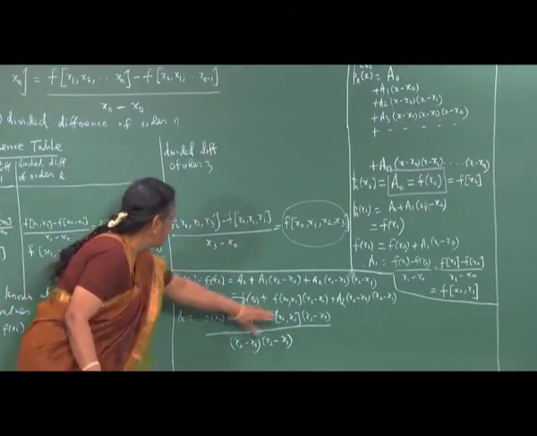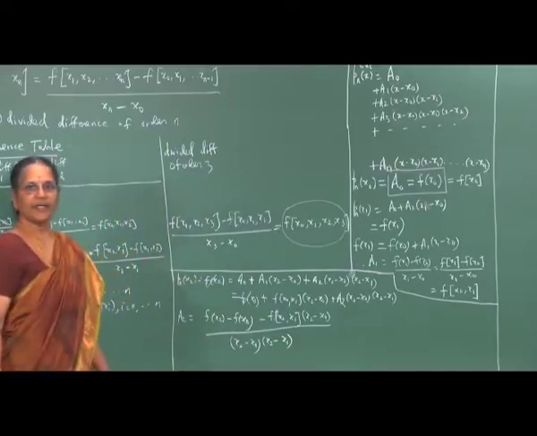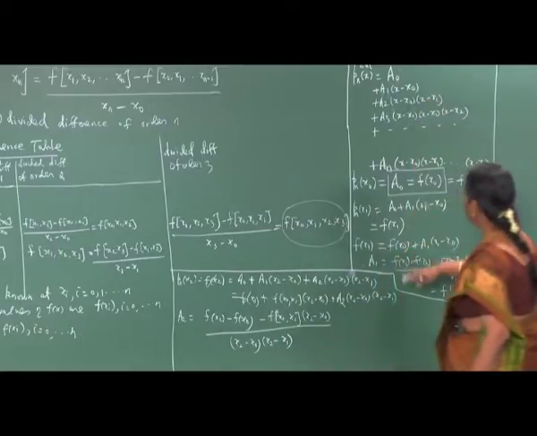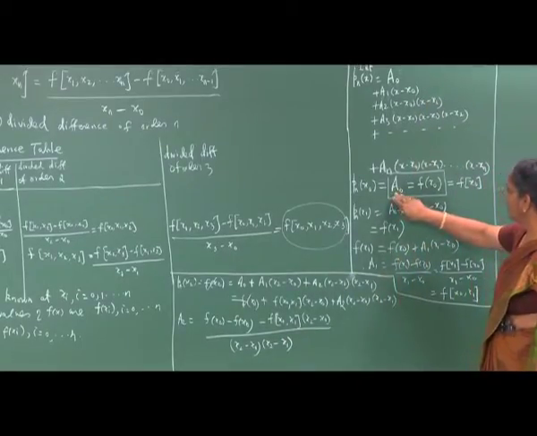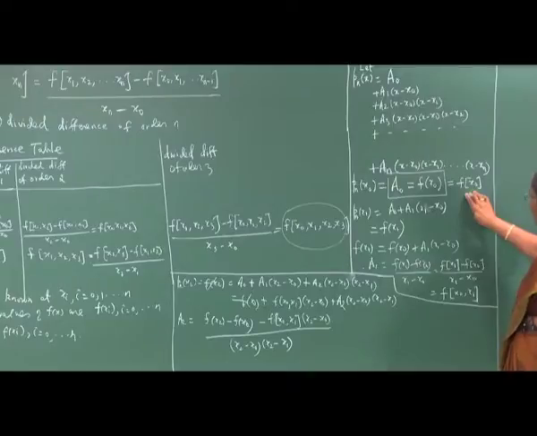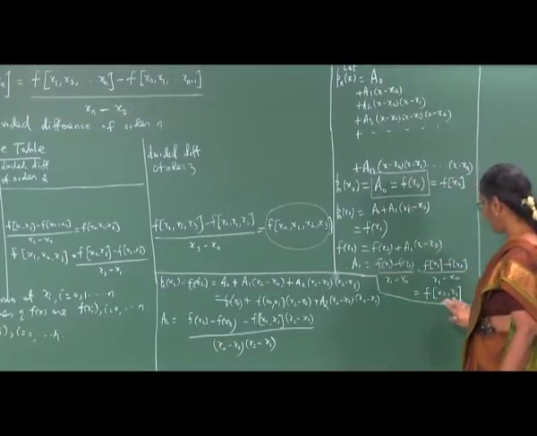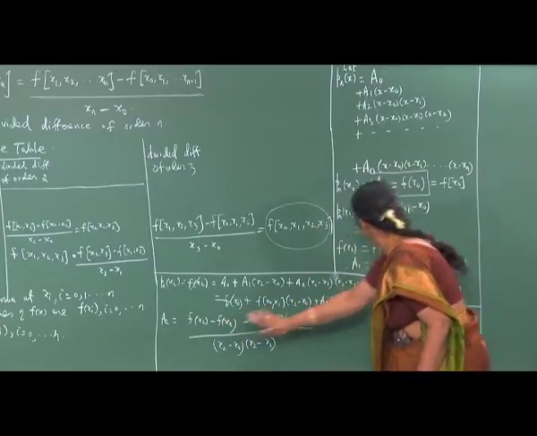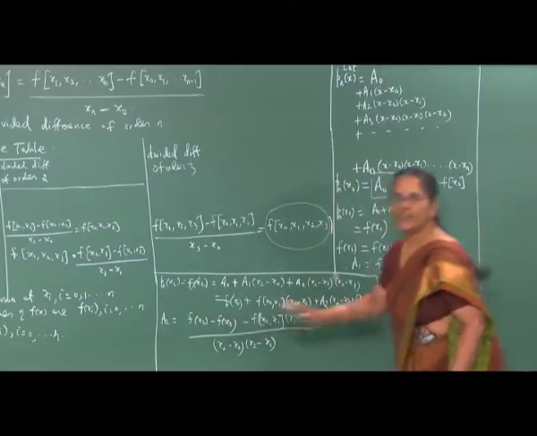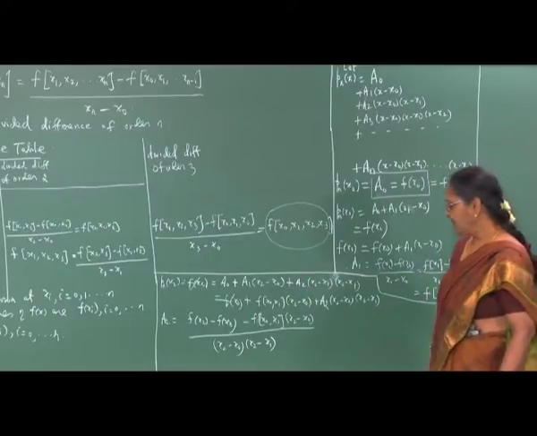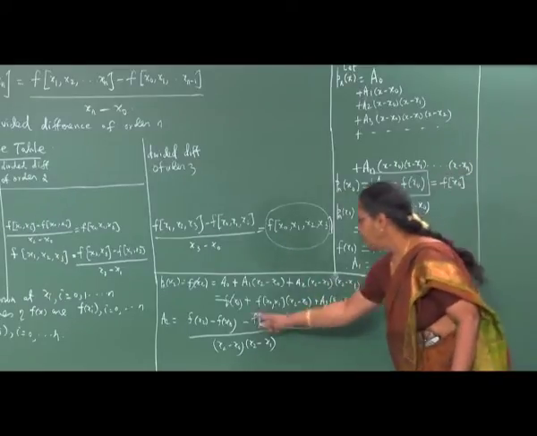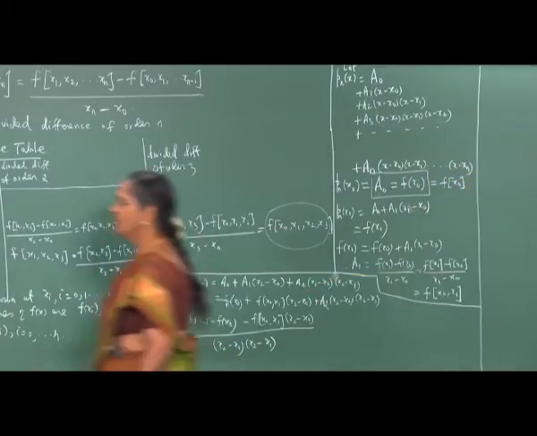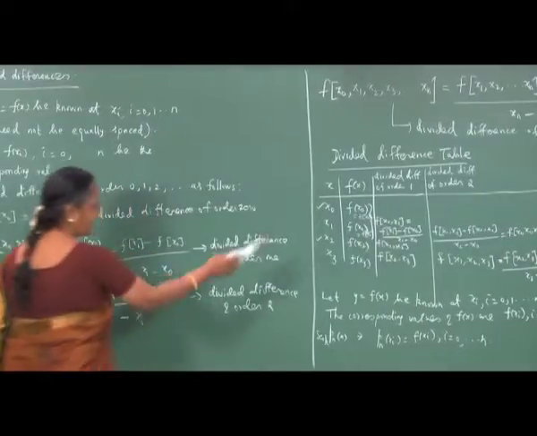So, a2 is given by this expression and we expect from the pattern of the coefficients that we have got, since a naught is the 0th order divided difference, a1 is the first order divided difference, we expect that this should give us the second order divided difference. So, let us do some manipulation on the terms that appear here and try to see whether what we think is going to be correct.